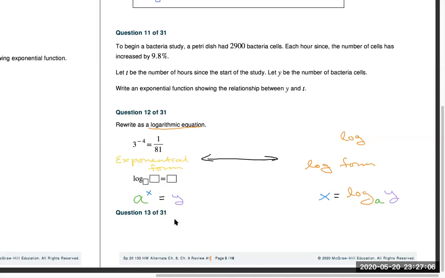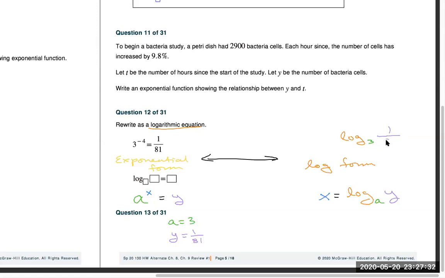What's our base in this case? Our base is 3. So we're going to put the 3 right here below the log. What is our argument? The argument is going to be the part alone from the exponential form. So that's y.